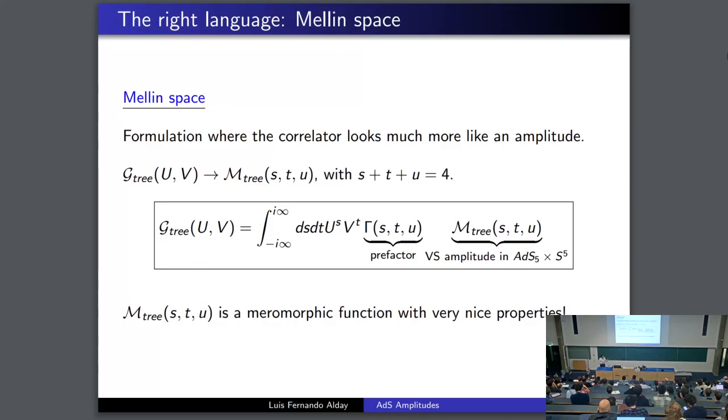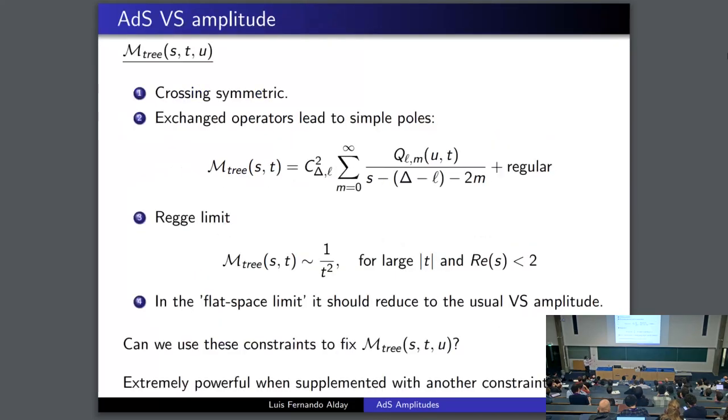Okay? So the list of properties is the following. So first, this object here is crossing symmetric. Then exchange operators lead to simple poles. Now, this seems very similar to the poles that you had for the Virasoro-Shapiro amplitude, but it is quite different and much harder.